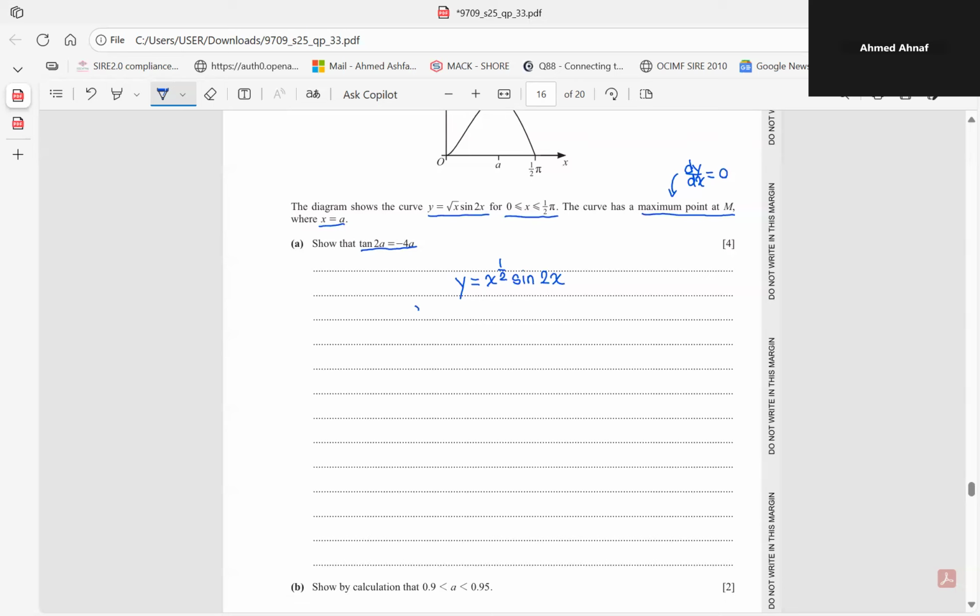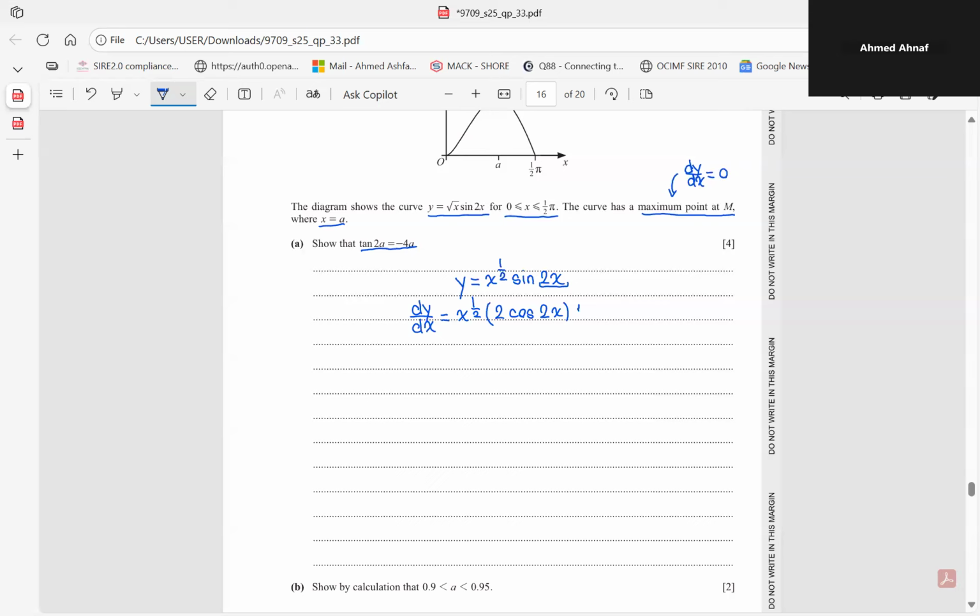Okay, and now to find dy dx, we're going to use our product rule since this is a product of two functions. So we're going to keep x to the power of half and differentiate sine 2x. So to differentiate, you take the inner function 2x and differentiate that, multiply. So we put 2 here and cosine 2x, since derivative of sine x is cosine x.